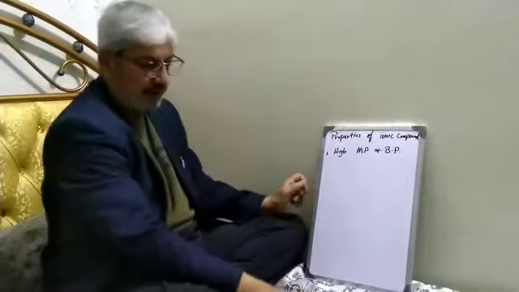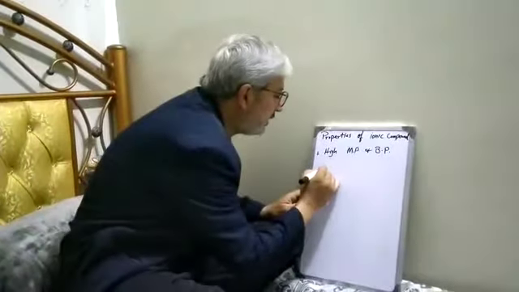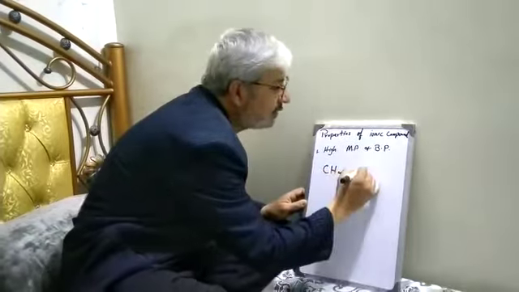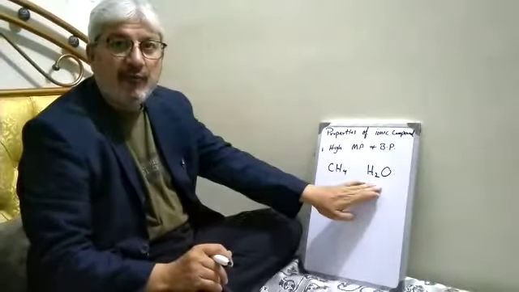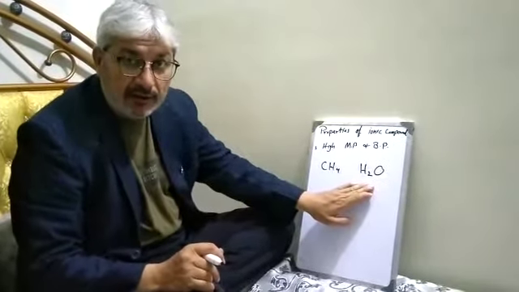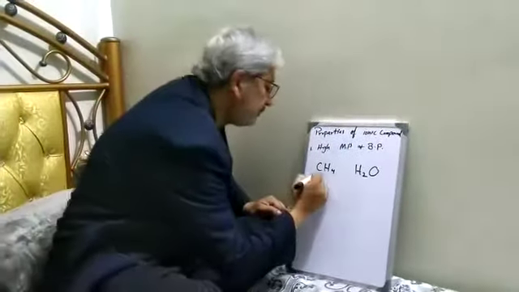High melting and boiling point. Now let us take the example of water or methane. Methane is CH4, water is H2O. Now these are in the form of molecules. They are not ionic. This is a gas, and this is a liquid.